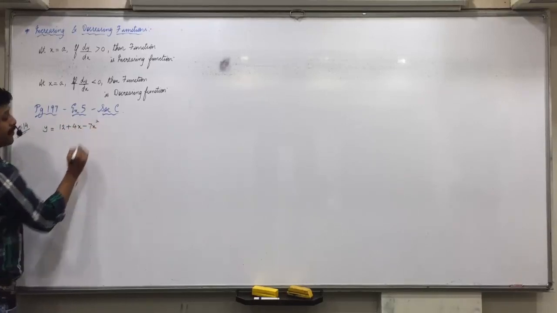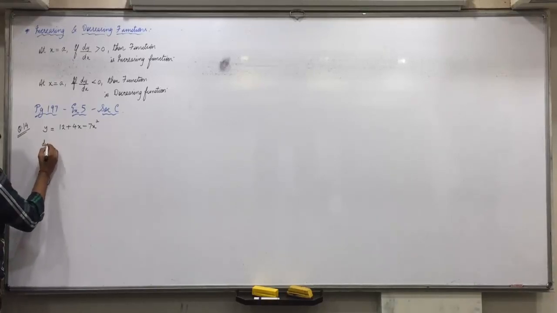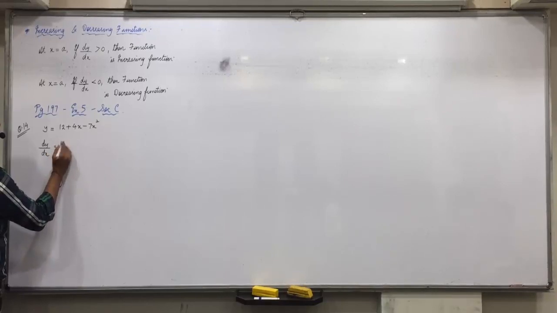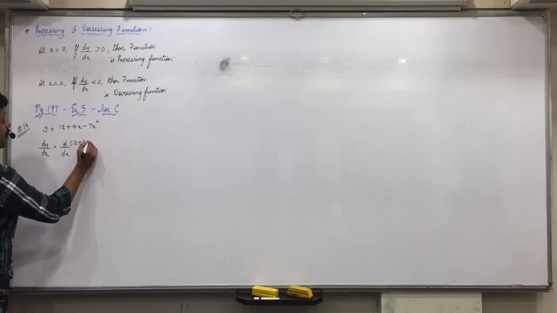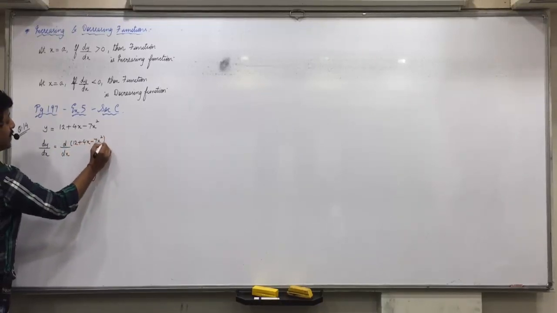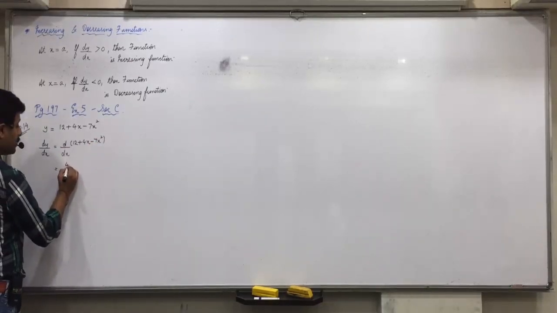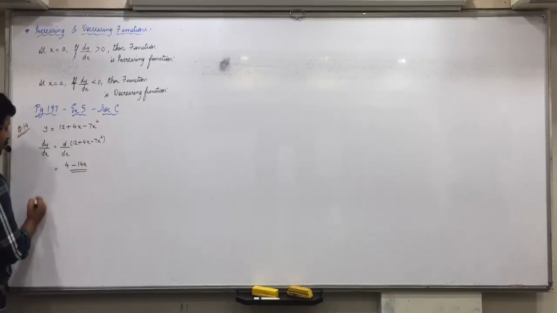So write down y equals 12 plus 4x minus 7x squared. First of all, you have to find dy by dx. So d upon dx of 12 plus 4x minus 7x squared. 12 becomes 0. 4x becomes 4. Minus 7 into 2, minus 14x.